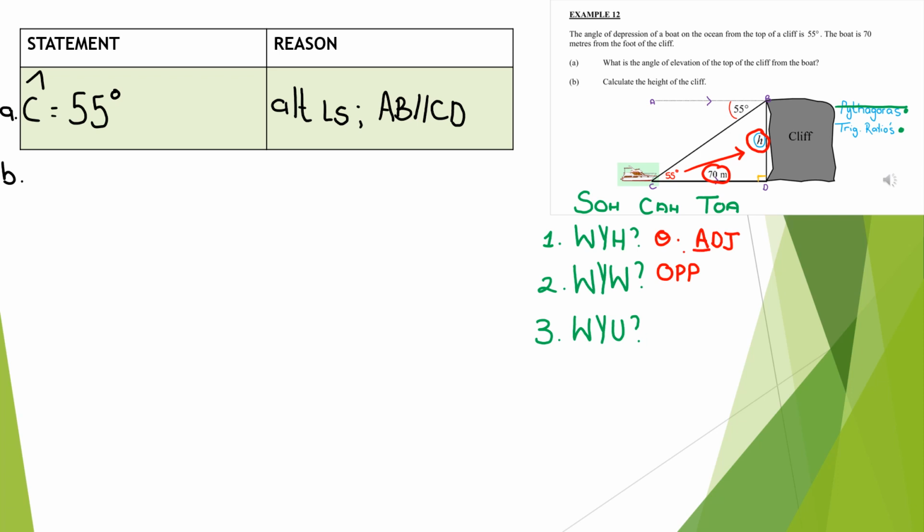We need to have a ratio that includes adjacent and opposite, and tangent is the only one that can accommodate our needs. And so we write our equation as follows by saying that the tangent of theta is opposite over the adjacent side, but our theta is a 55-degree angle, and so I replace theta with 55 degrees.